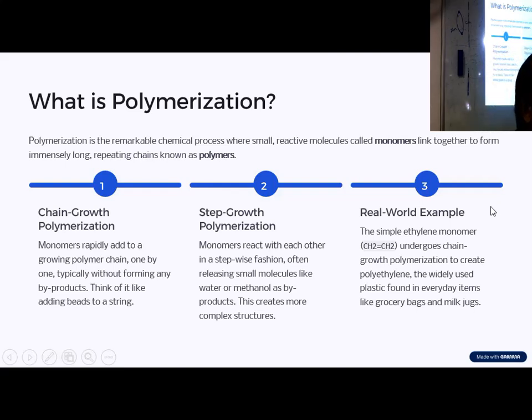Okay, let's start. So chain growth polymers are plastic materials, and the step growth polymers are cross-linked polymers most of the time, like bakelite, nylon 6. They are called step growth polymers. Why do we call them step growth? Because the growth of the polymer is controlled by stepwise addition.